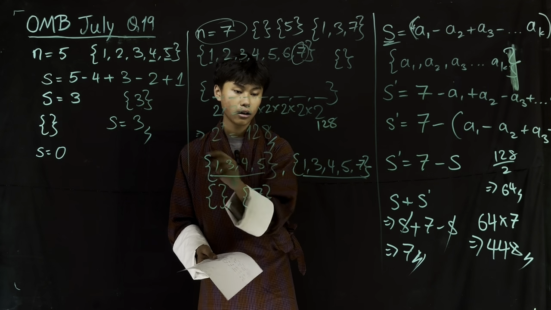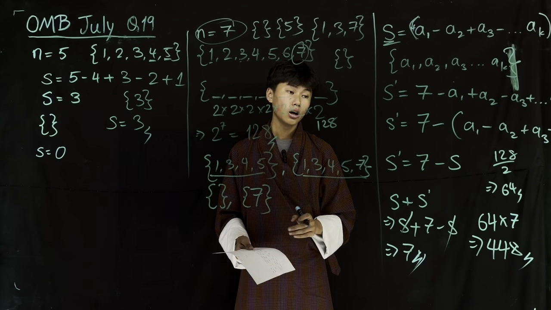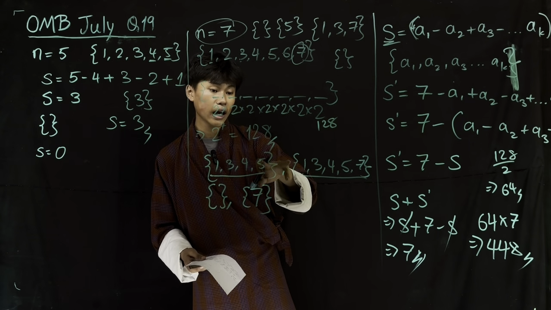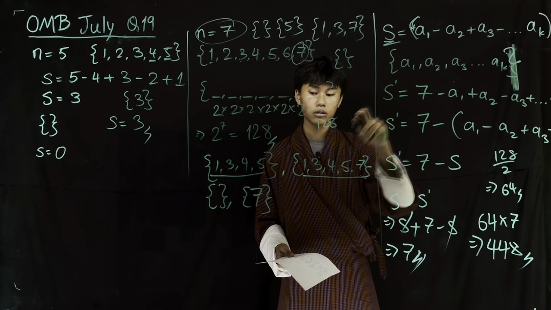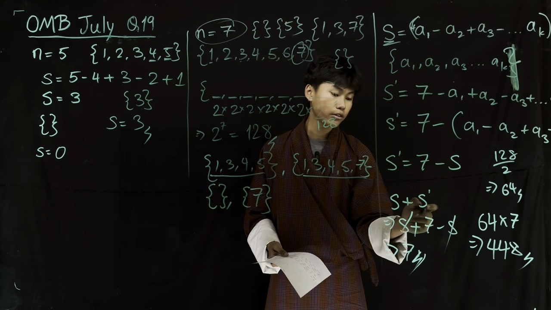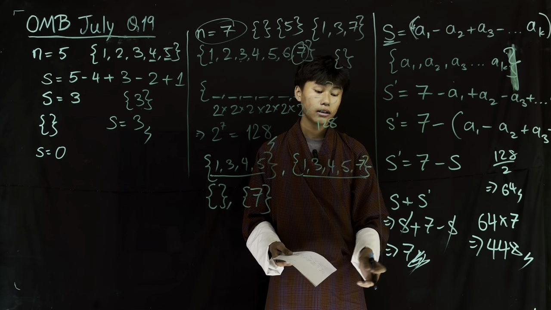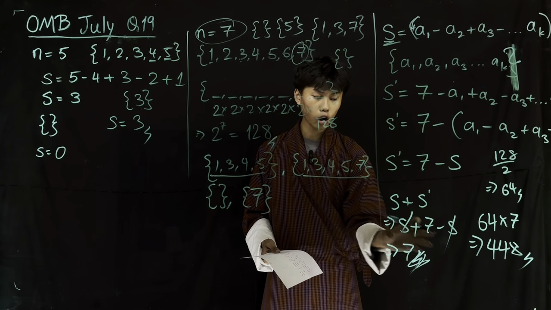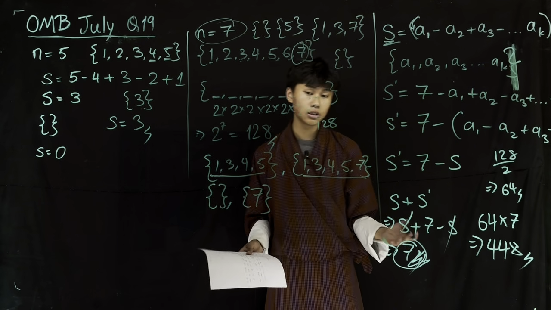So we grouped them into pairs, and then what we noticed was, when you add the alternating sum of both of the pairs, you get 7, right? We proved this here, and then after we got here, the answer was relatively simple, right?